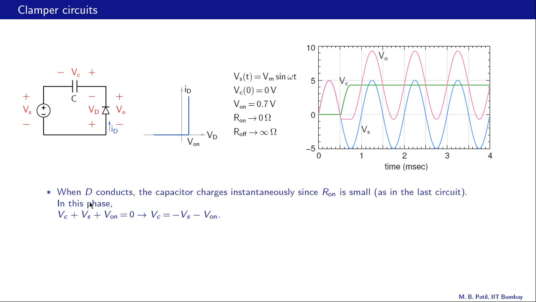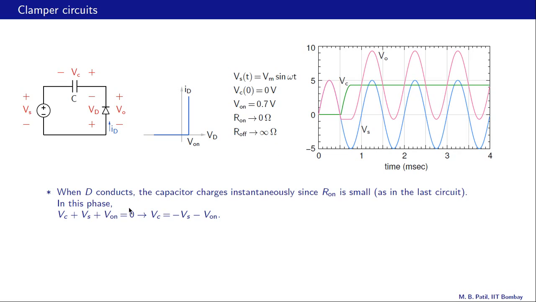First, when D conducts, the capacitor charges instantaneously, and that is definitely true because our R on is still small, 0 ideally, and therefore the time constant is small, and that is no different from the last circuit we considered.